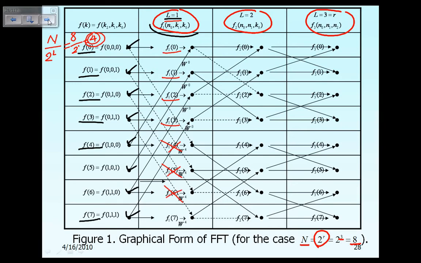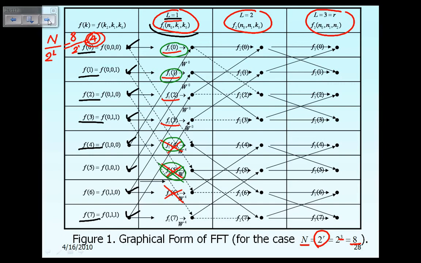The reason you skip is, as I said many times, when you calculate F10 with a little bit of addition, you can also calculate F14 at the same time. Similarly, when you compute F11, instead of a plus of the product, if you use minus the product, you can compute F15. That's why later on you don't have to compute it. So that is what it means in the first level.